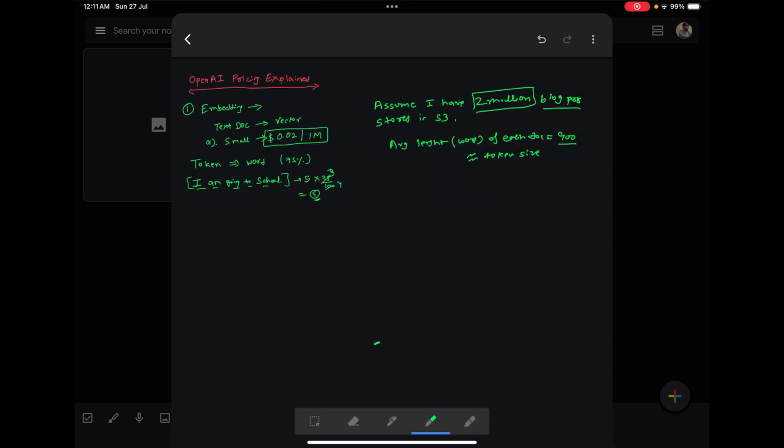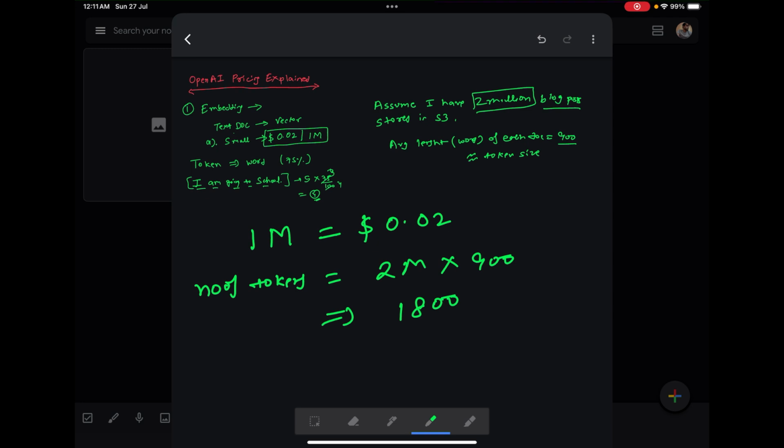So now for the small model, 1 million tokens corresponds to $0.02. I have got 2 million blog posts. So how many tokens am I going to be consuming? The number of tokens is equal to 2 million multiplied by 900, which would give me 1800 million tokens.